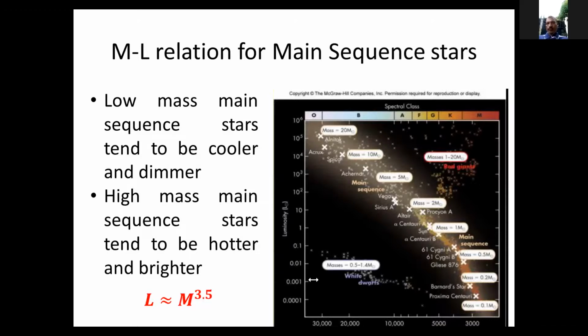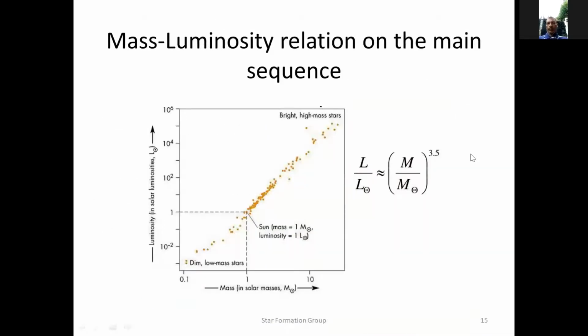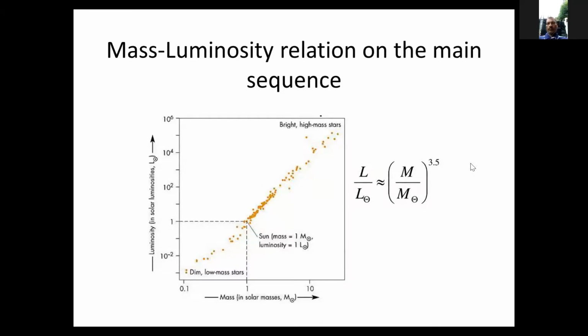That is, the low mass main sequence stars tend to be cooler and dimmer, and the high mass main sequence stars tend to be hotter and brighter. For main sequence stars, the absolute luminosity is proportional to the mass to the power of 3.5, which means that for a star having 10 times the mass of the sun, its luminosity will be approximately 3000 times that of the sun.